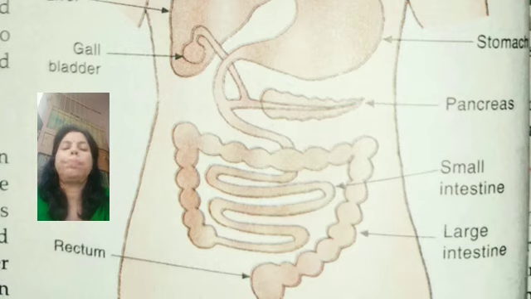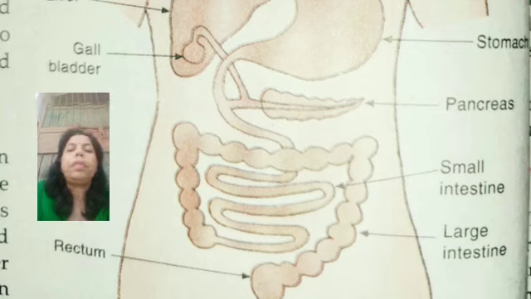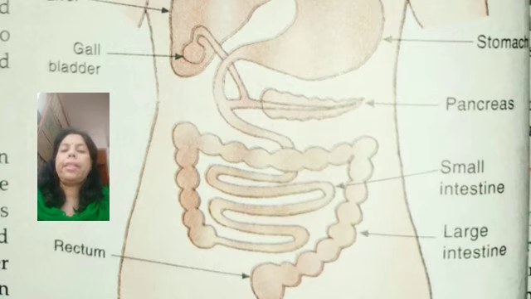In this way, digestion of food takes place in human beings. Here you see all the 5 processes: ingestion when food is taken into the mouth, digestion which takes place in the stomach, assimilation which takes place in the small intestine, absorption which takes place in the large intestine, and egestion which takes place at the anus.